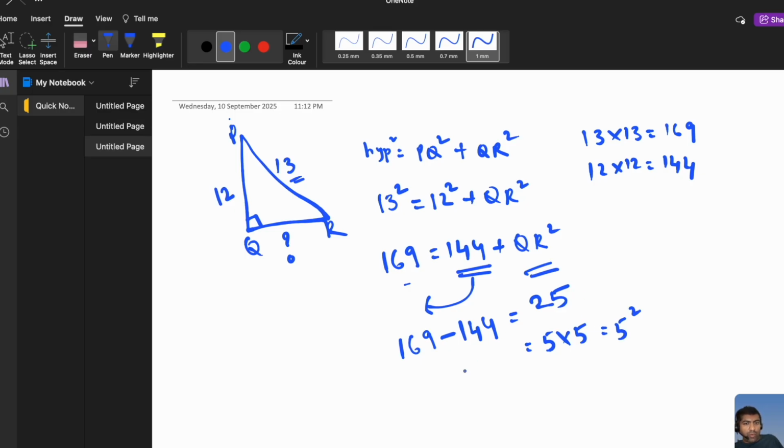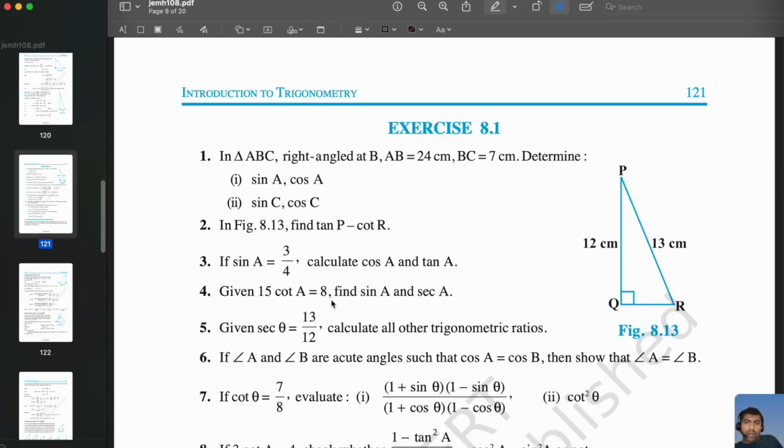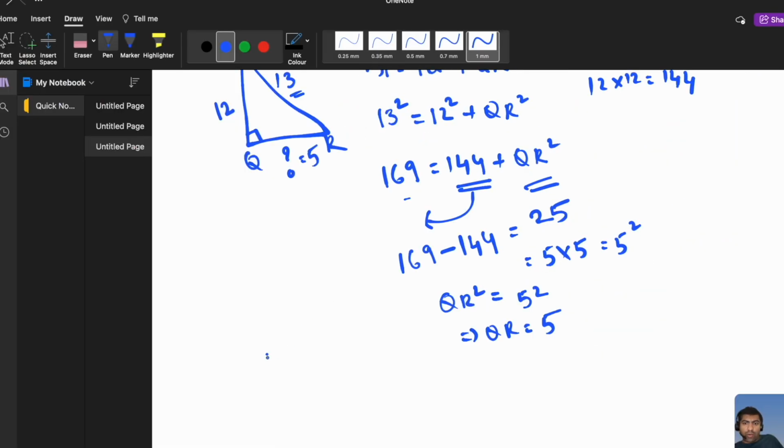So QR square is equal to 5 square. That implies QR is equal to 5. So we got this side also as 5 centimeters. Now let's solve tan P minus cot R.